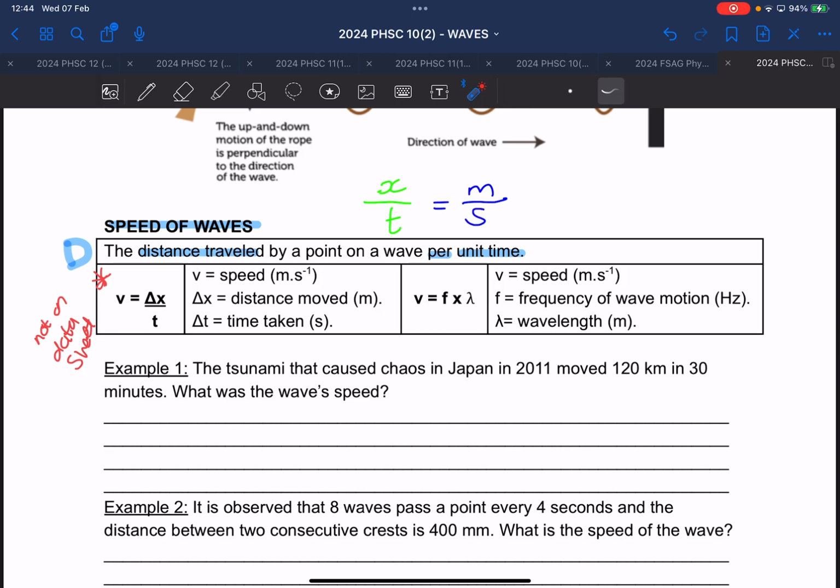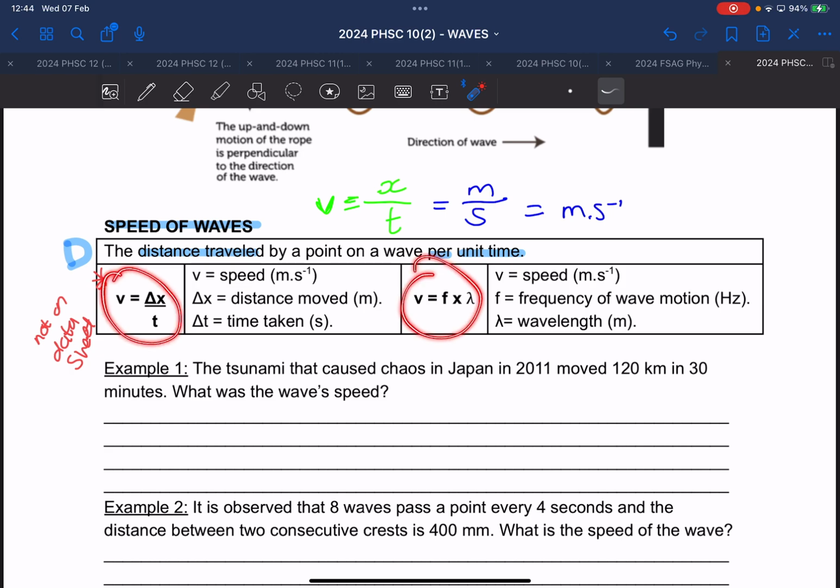Do you remember from the first chapter we said if we have meters divided by seconds, we can rewrite that as meters per second? So the unit for velocity, for speed, is meters per second. So if you struggle to remember what the unit is, go look at the formula to figure it out.